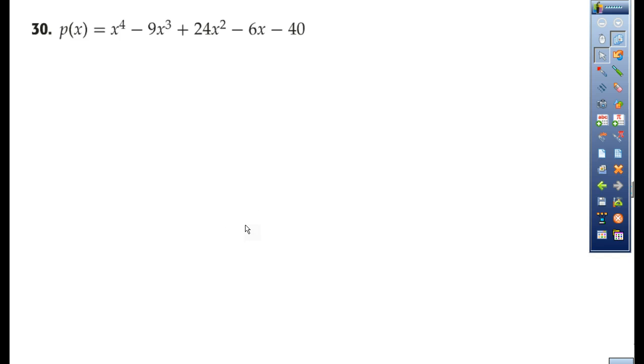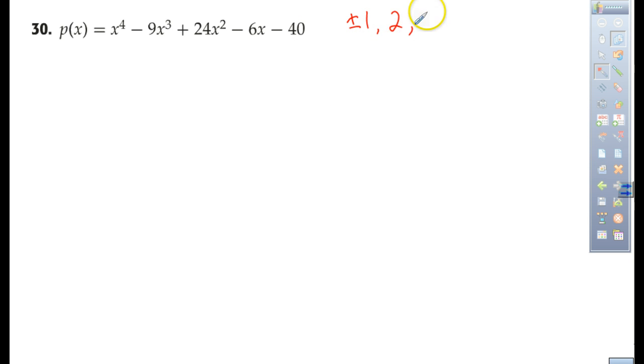I don't know where to start. But what are all my possibilities here? Okay. Factors of 40, what are they? So no matter what, we always have 1. What else goes into 40 evenly?